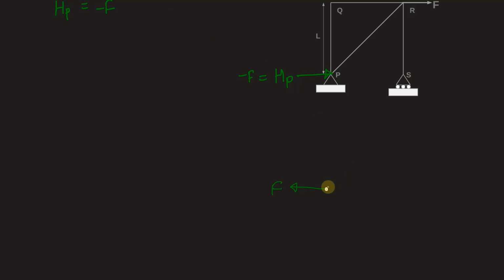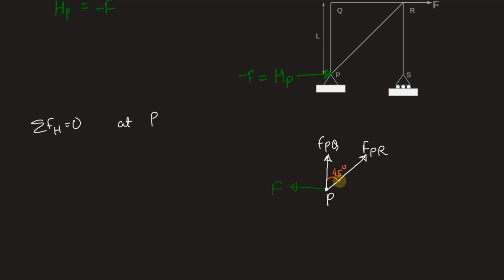The other forces are the force in member PQ, and there is this force at 45 degree in member PR, which we need to find out. This angle we know is 45 degree. Now again applying summation FH equal to 0 at joint P, we take all horizontal forces.